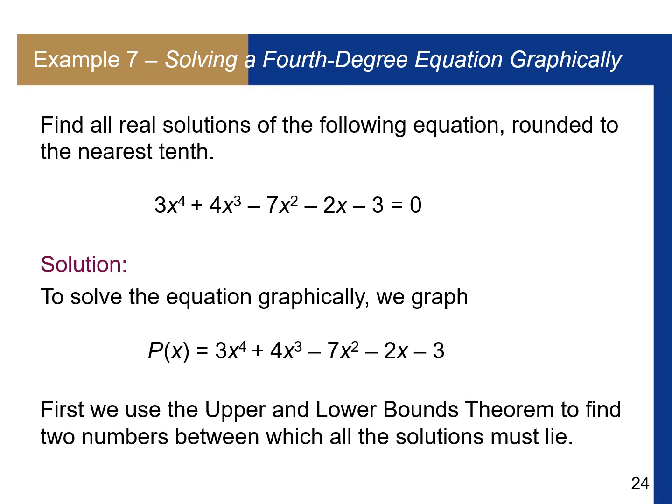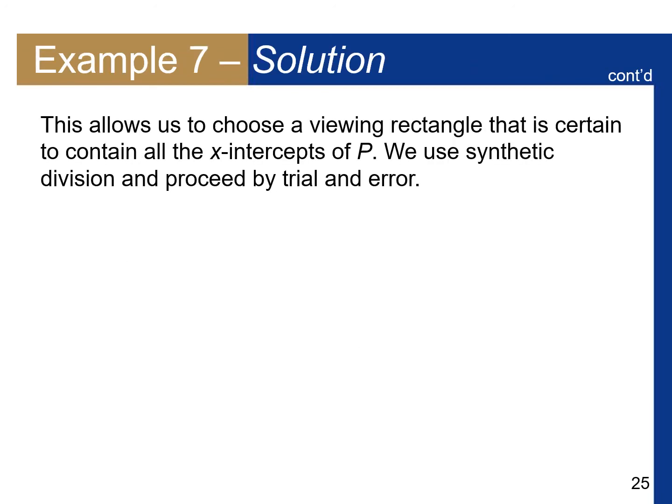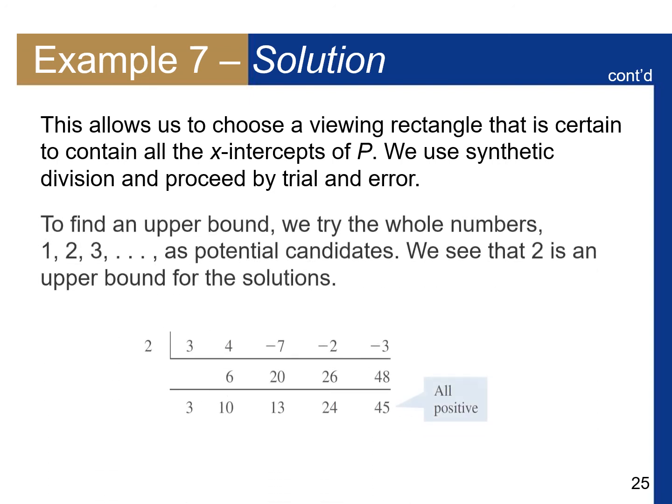And we're going to use the upper and lower bounds theorems to find the two numbers in which the solutions must lie. So this allows us to choose a viewing window rectangle that is certain to contain all the x-intercepts because the x-intercepts are my solution.